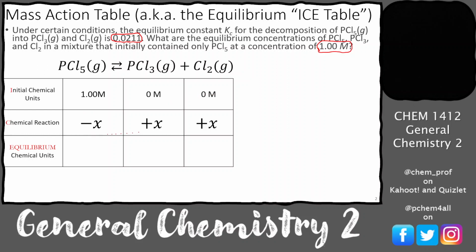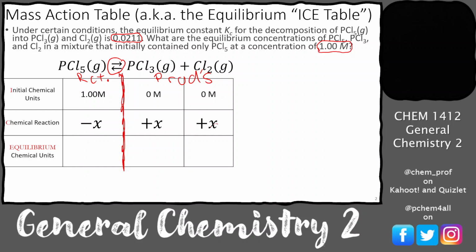And then we have the change row. We find this double arrow here, and that's where the table is sort of divided into reactants and products. So these are products, and this is the single reactant. That's where we get the minus X and plus X. The reactant is going away, and we're producing products, and so those are growing.